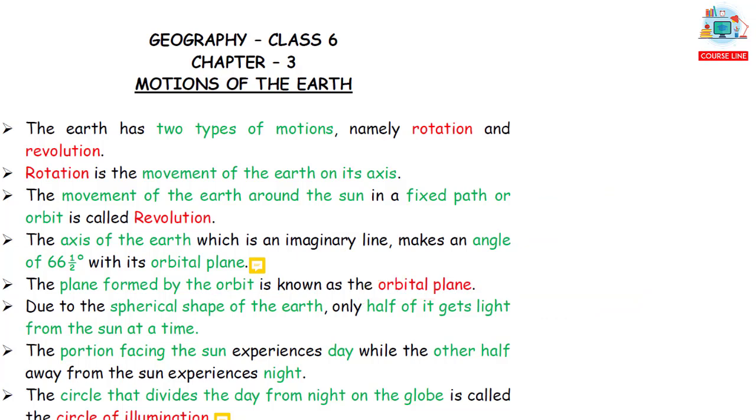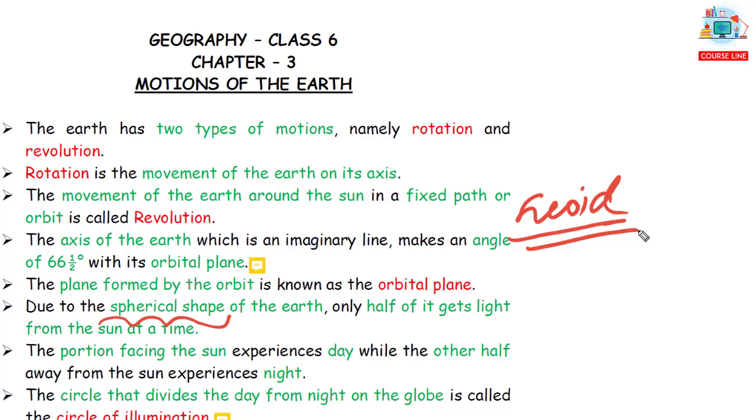That's good. Okay, due to the spherical shape of the Earth, and really it is a geoid shape. Okay, for understanding we are considering it spherical shape of the Earth.